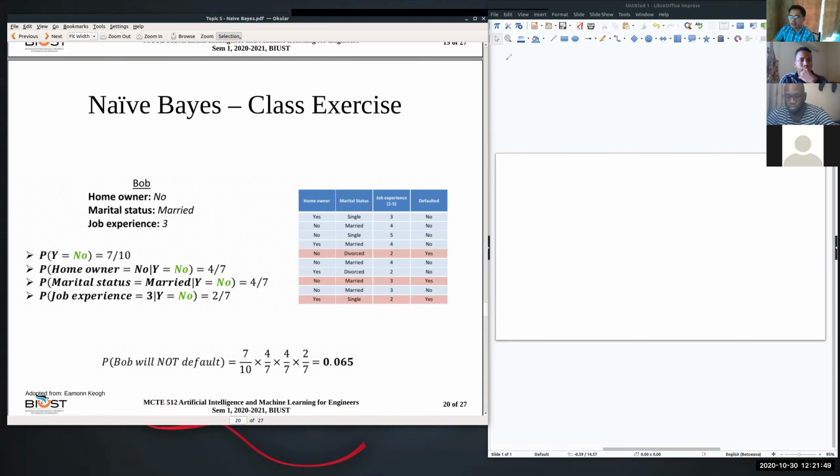We are saying that what is the probability of Bob defaulting, Cj, given his attributes D. Okay. And so in this example, it says that it is computed by the known attributes given the expected classification, multiplied by the classification.